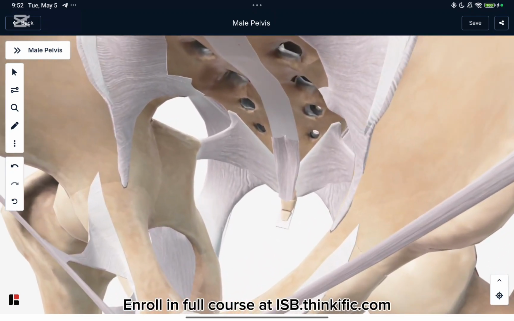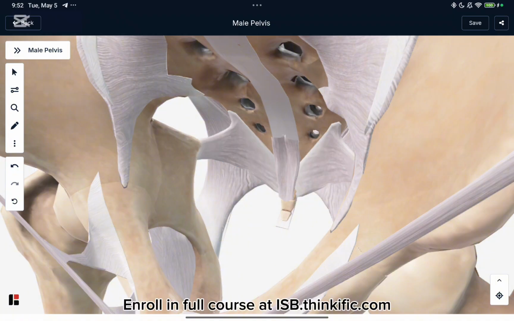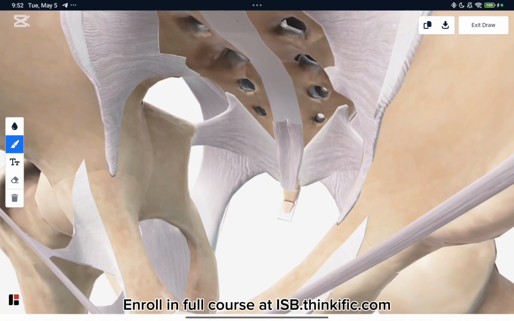So, the posterolateral wall of the pelvis is formed by several ligaments. The first ligament, which I've already told you about, is the sacrospinous ligament. This ligament is triangular in shape.